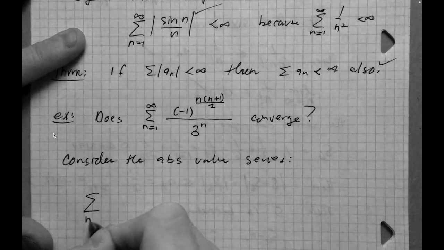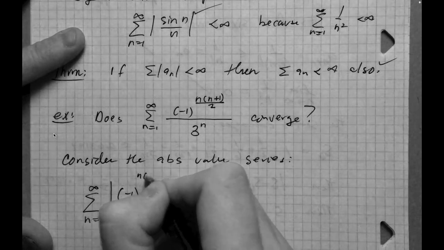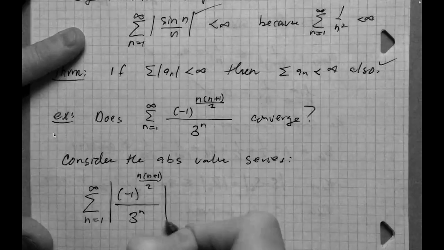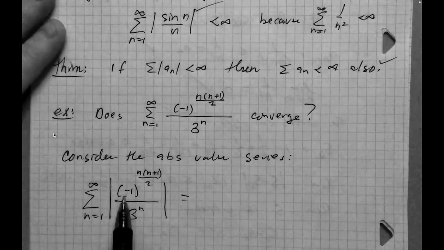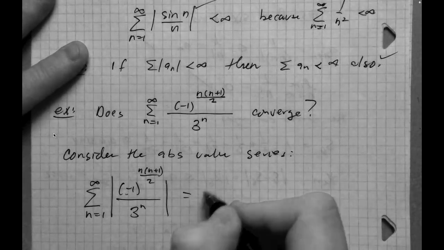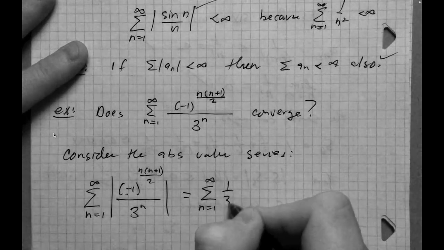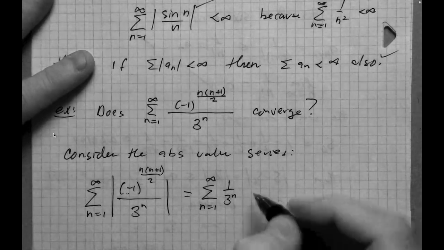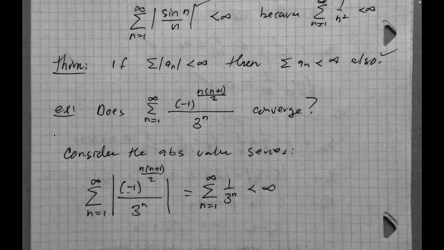So consider the sum from n equals 1 to infinity of the absolute value of this. Now, what is the absolute value of this? It couldn't be easier. The numerator is all just 1 when you consider the absolute value of the terms. So it's literally the sum from n equals 1 to infinity of 1 over 3 to the nth power. This is a geometric series with common ratio 1/3, so it converges.